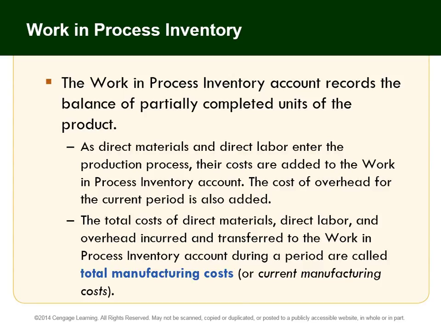If I were to do a journal entry, work in process is an asset. All of these three are also assets. So I would debit work in process and credit these.